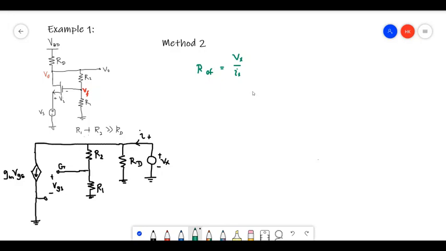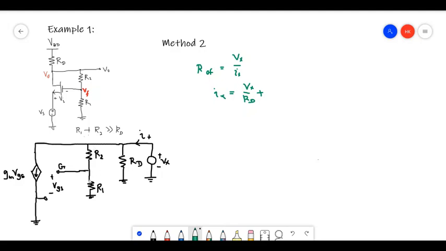Right. So Ix can be written like this, right? Vx divided by Rd, it's the current going into Rd, plus, we can neglect this because of this assumption that R1 plus R2 is much larger than RD.